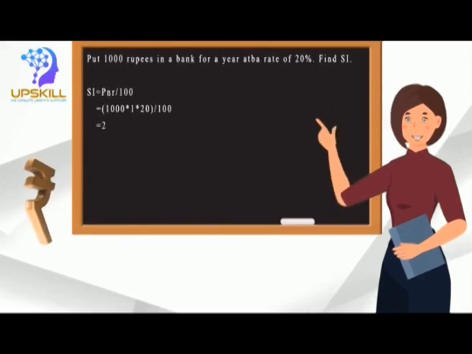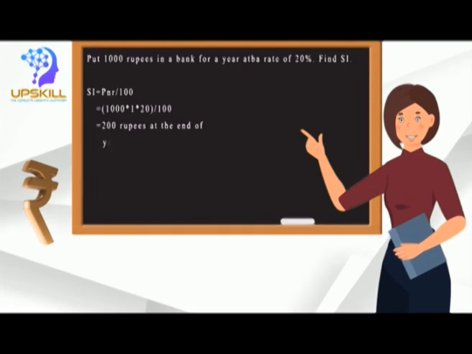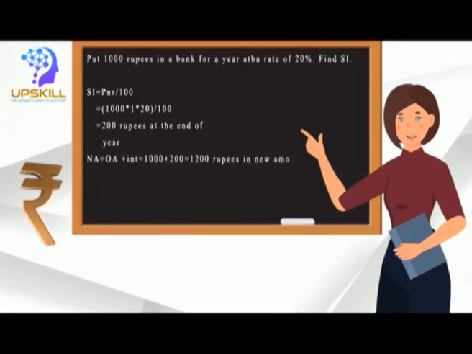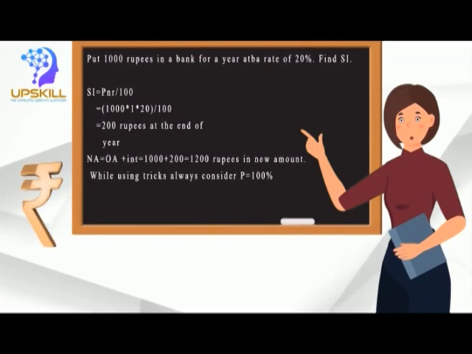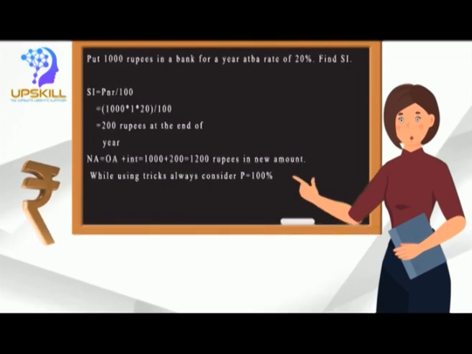Now you're going to find the simple interest, which is PNR by 100. It is given that P is 1000, number of years is 1 and the rate is 20, the whole divided by 100. By calculating it, that's 200 rupees at the end of the year. So the interest on 1000 rupees is 200.